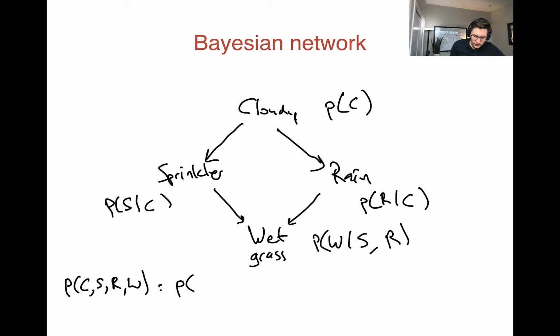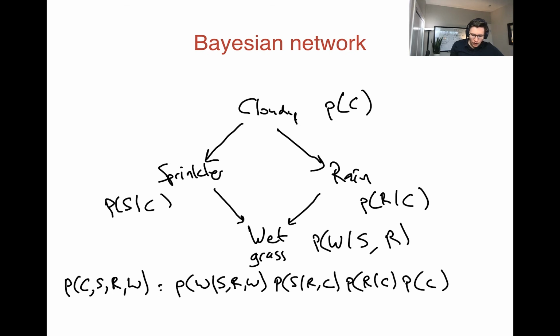So children for parents, probability of W given everything else, S R W times probability of sprinkler given R C, probability of R given C, probability of C. So all I did here was apply the chain rule going in inverse topological order.